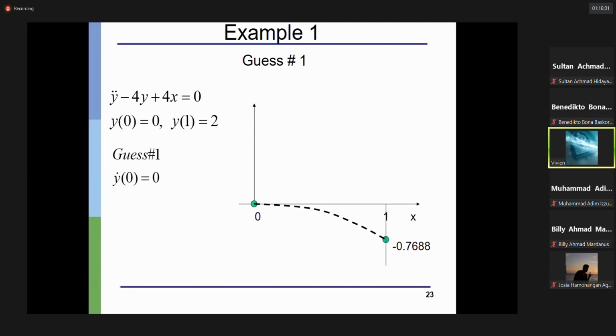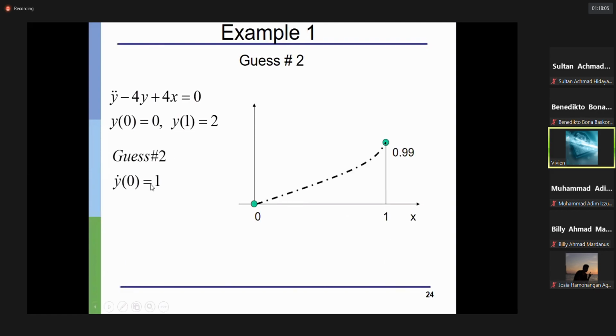So we can try the next guess, make the slope larger, so now we choose 1. When we choose the slope as 1, we have the calculation like this, and this is still an undershoot. The actual value for the boundary condition should be 2, but here we have 0.99 in the second case.